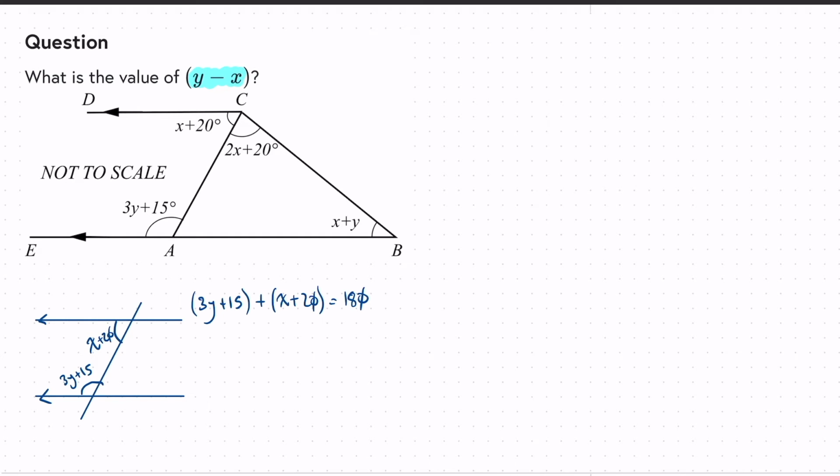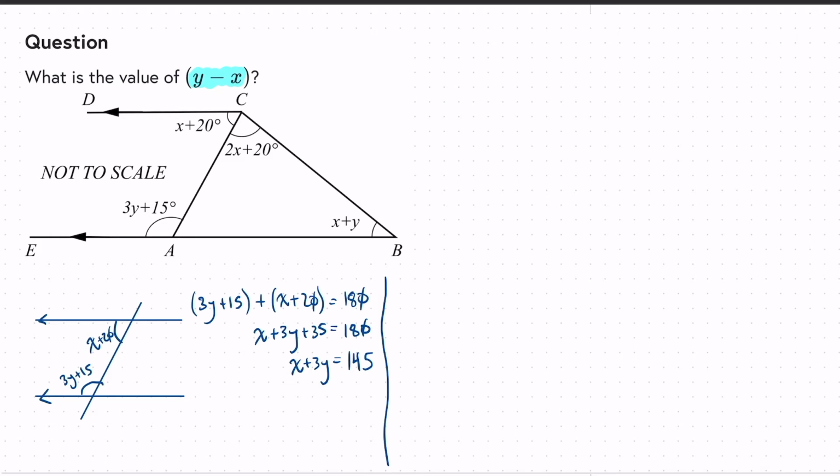Let's simplify this a little bit. So let's go, x plus 3y plus 35 equal to 180. X plus 3y equal to 180 minus 35 is 145. And that's as far as I can go with this one here.